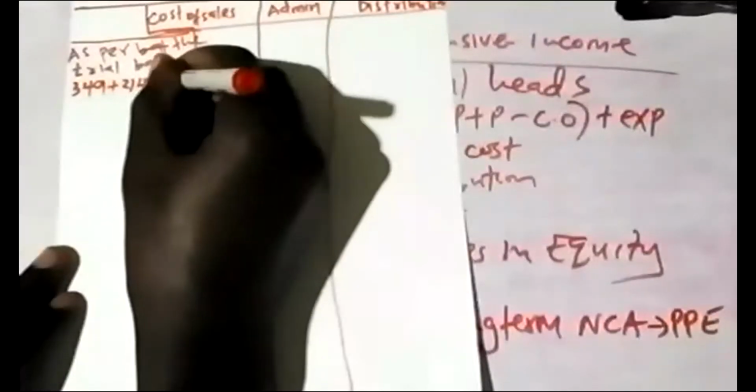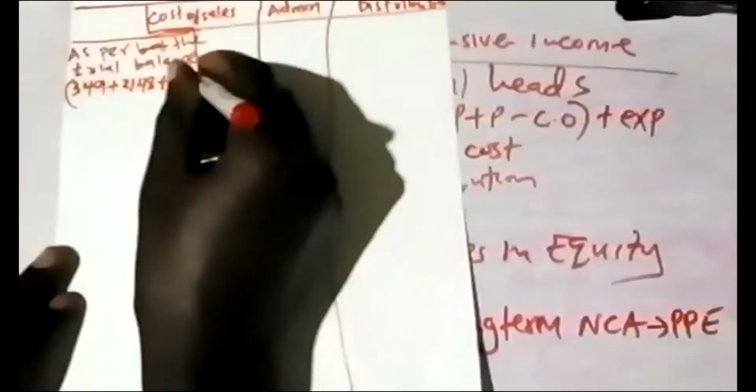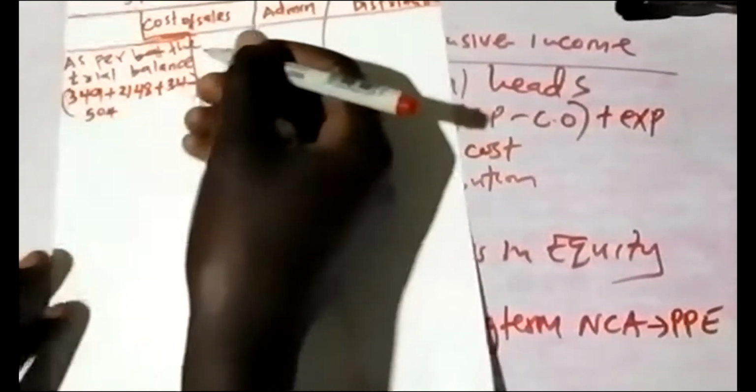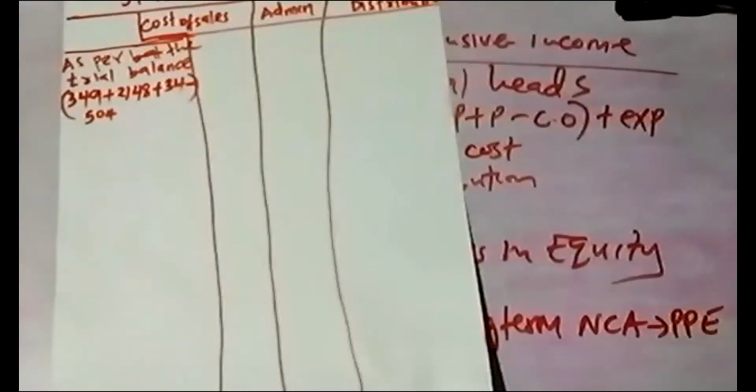Before I minus, I said I have to add the carriage inwards. So opening stock plus purchases, under which you add the carriage inwards, then you minus the closing stock as per note 1, the 504.